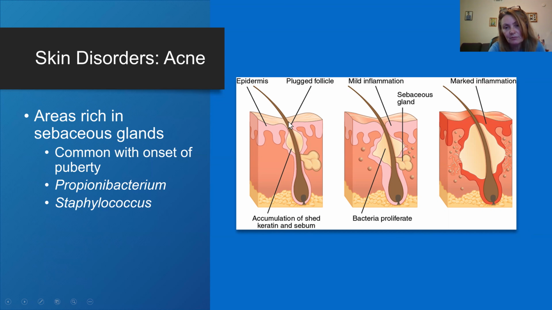The hair follicle becomes plugged by some keratin or maybe sebum, and then bacteria start growing. A very common bacteria is Staphylococcus, for example. And bacteria start growing, it's shown over here, and it causes, of course, inflammation and accumulation of waste products of bacterial metabolism and sebum as well. So that's acne.